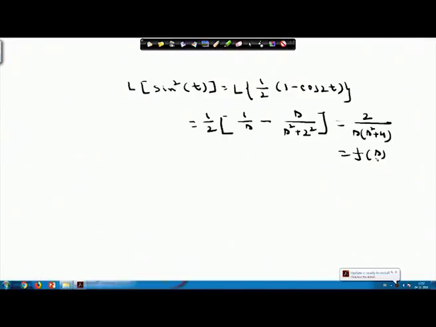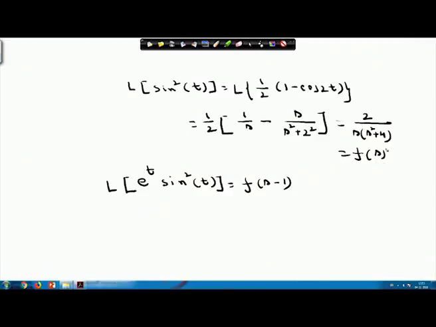Once I get F(s), the Laplace transform of e power t into sin square t is nothing but F of (s minus 1).